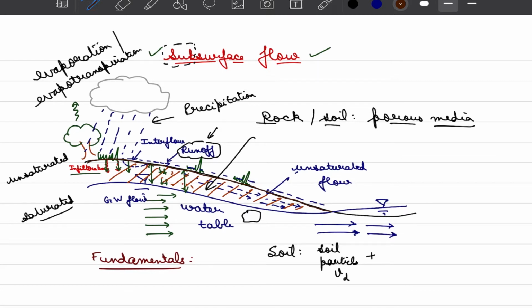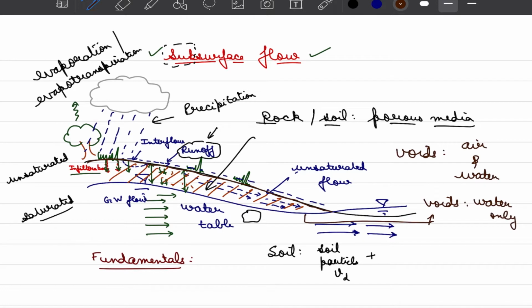So this is an unsaturated layer of soil because here the voids that are present in the soil are occupied by both air as well as water, and ultimately it will join the groundwater table, and soil below the groundwater table is in a state of saturation. That would mean that all the voids in the soil below the groundwater table are occupied by water only.